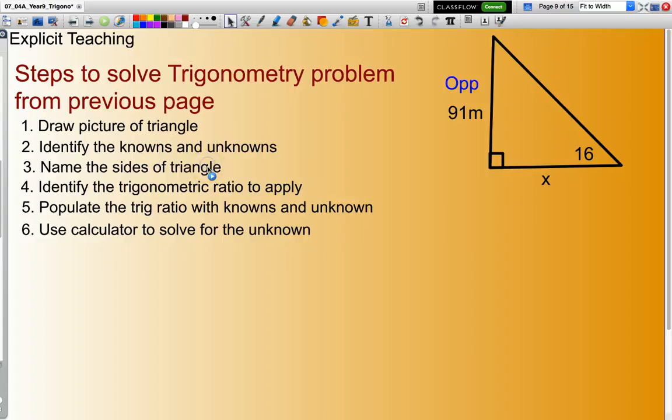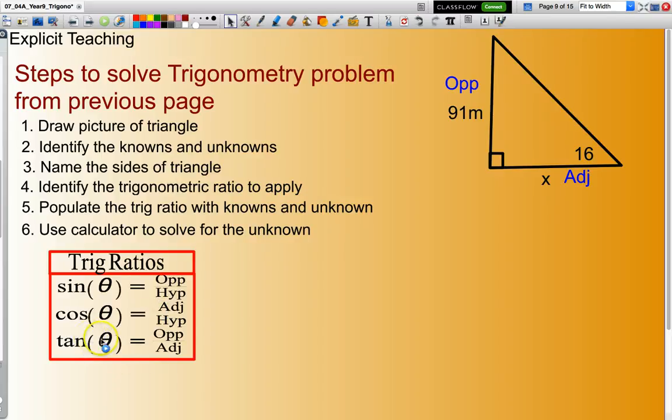The side that is opposite or across from my reference angle is the opposite. The other side, which is between my reference angle and my right angle, is called the adjacent. Now, I need to identify the trig ratio that has opposite and adjacent. Well, the one with opposite and adjacent is tan.